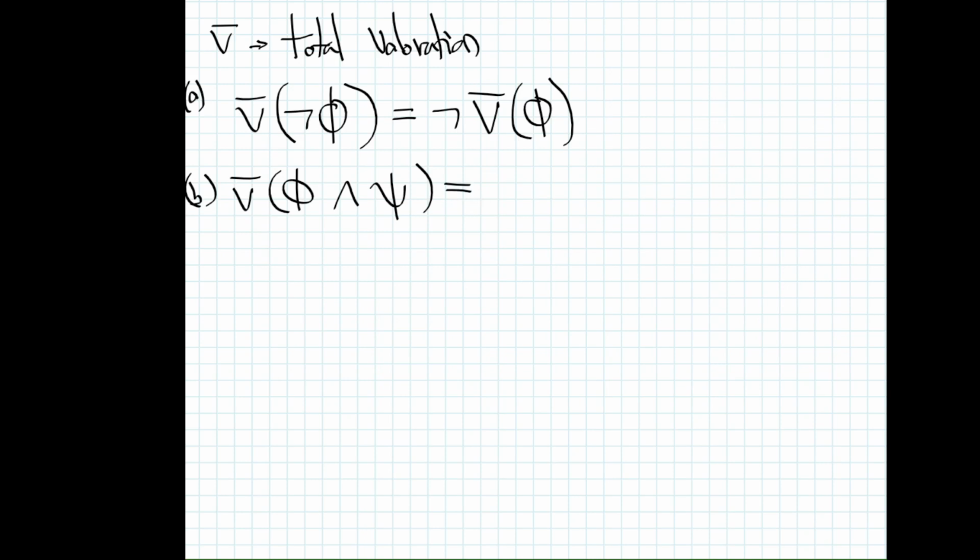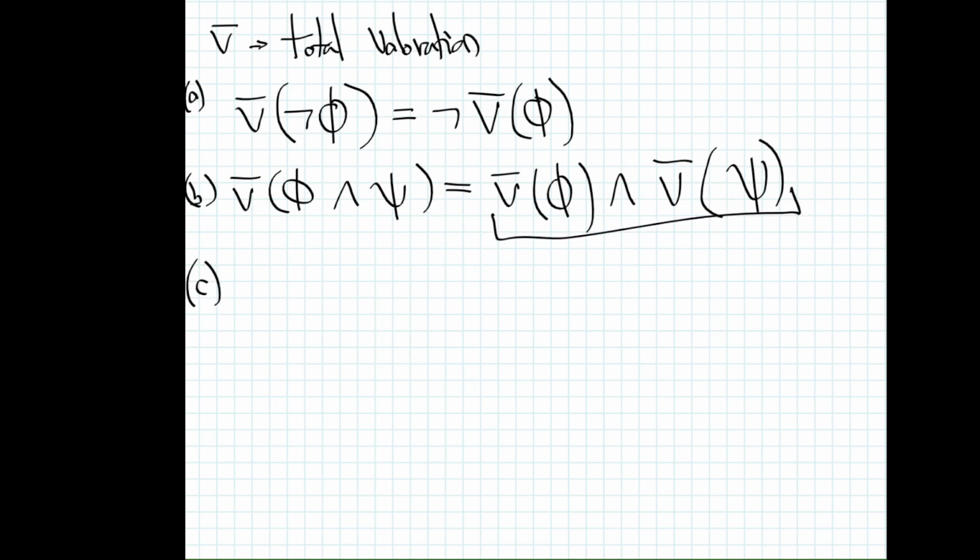We can decompose it into two sets of valorations and bring the logical connector outside. So we can do the valoration of this as well. Those mean the same thing, as well as the opposite. You can see it from here, right?